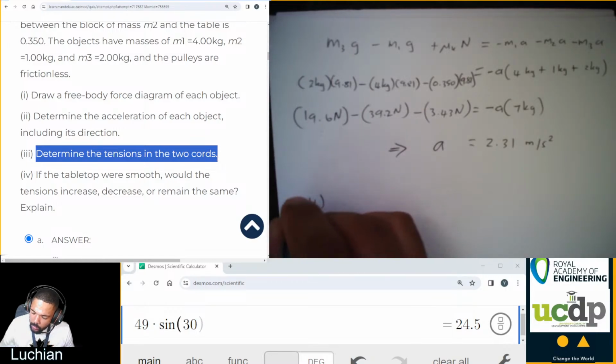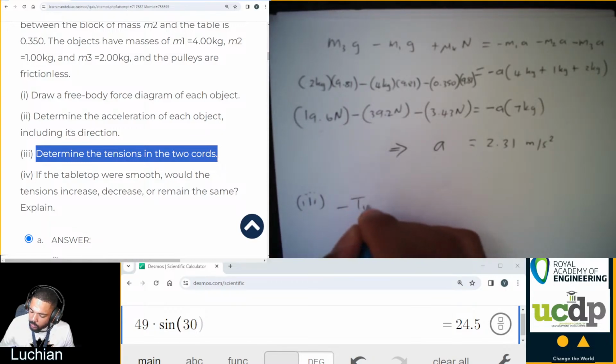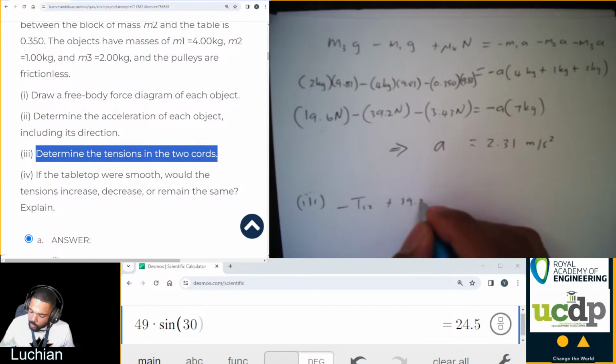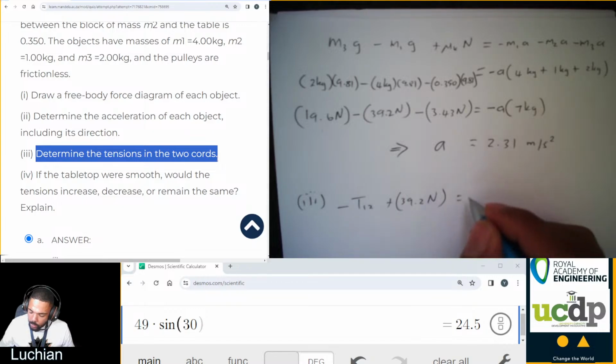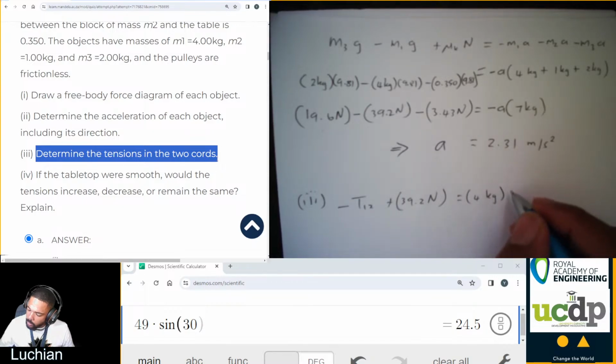Remember we originally had an equation which says that negative T1 plus 39.2, which is the force of its weight, is equal to 4 kilograms multiplied by the acceleration of 2.3.